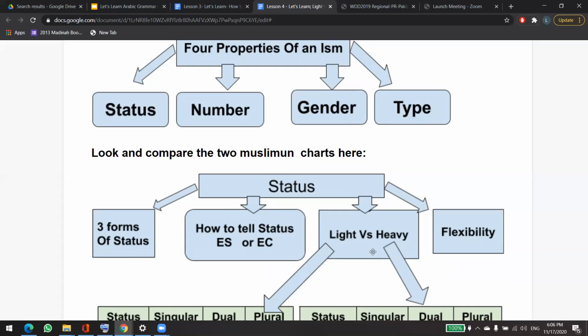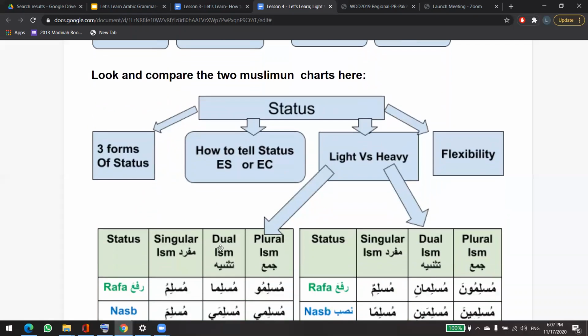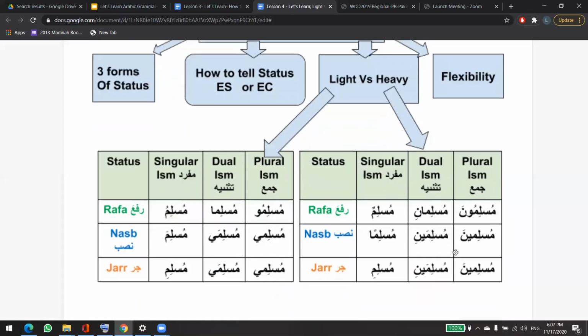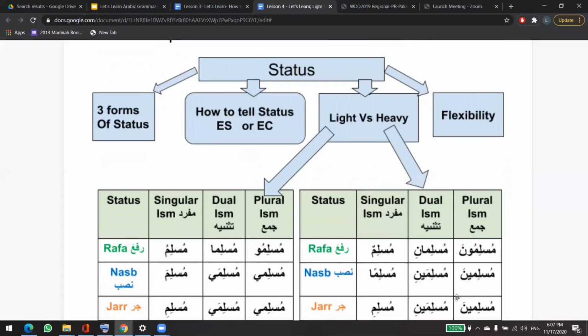In learning about light versus heavy ism, just look and compare the following 2 charts. These are 2 Muslimun charts. You already have seen this chart in lesson number 3, so we are just revisiting, but there are 2 charts now. So look closely. We have Muslimun, Musliman, Muslimin for singular ism.